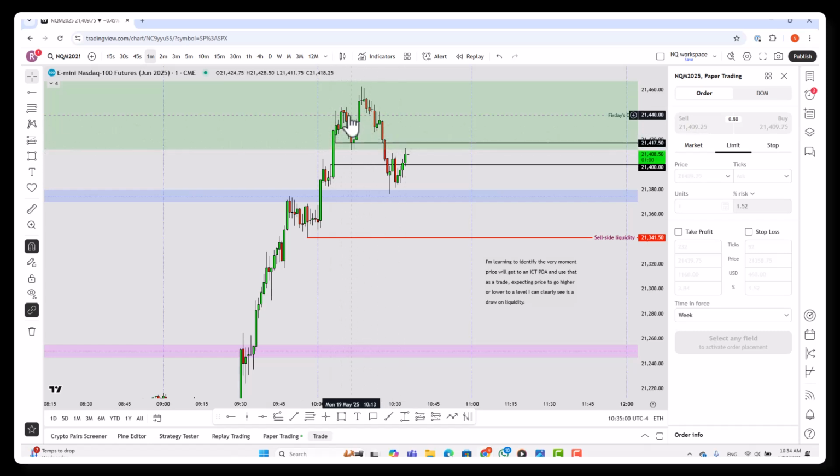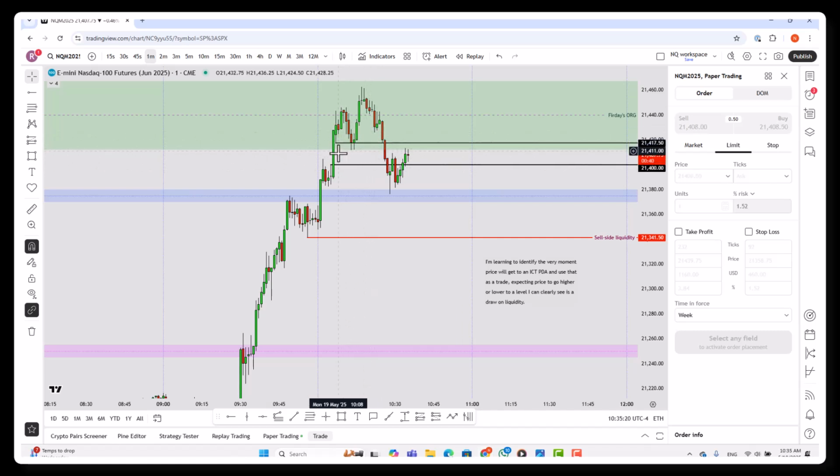So right now, I expect bearish prices based on this inversion fair value gap. But I'm going to watch and see if that works out.